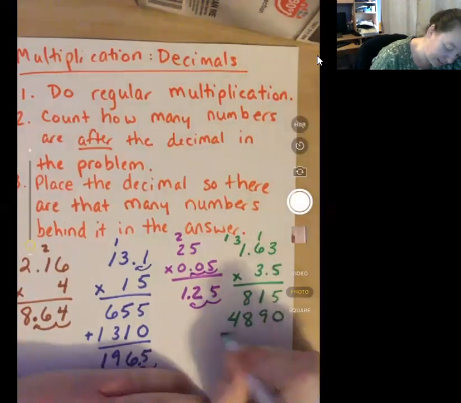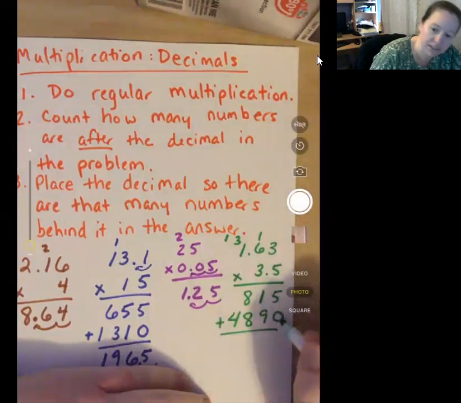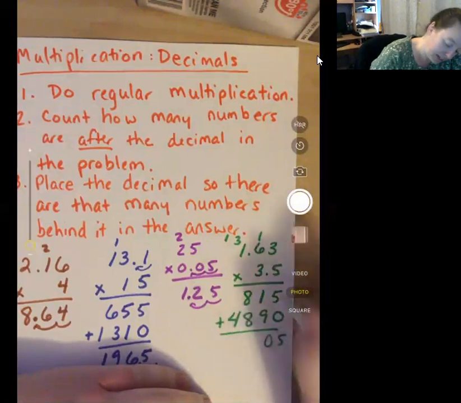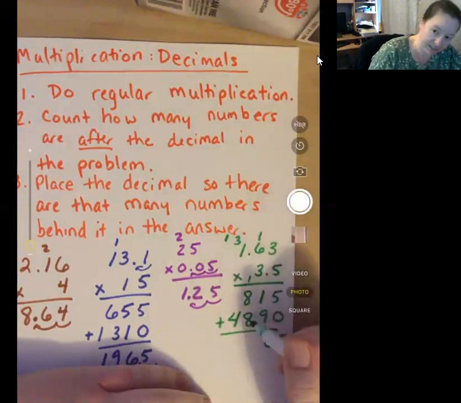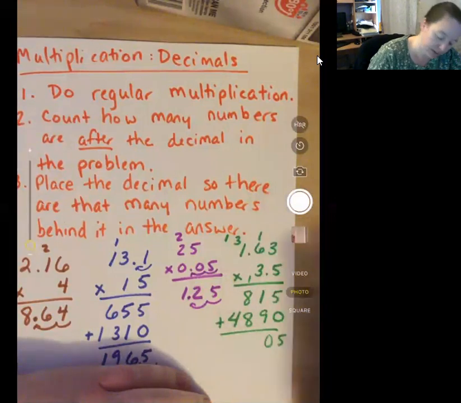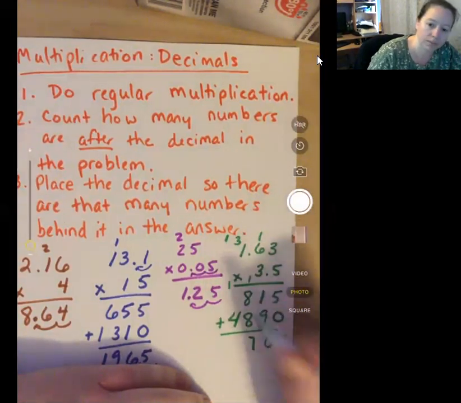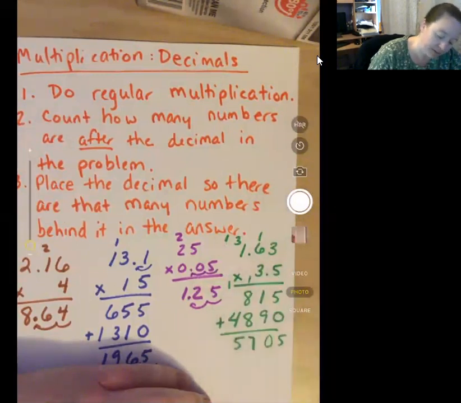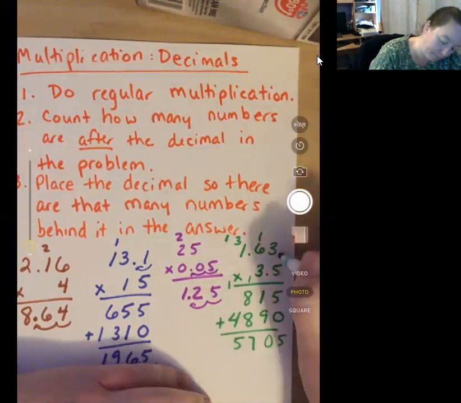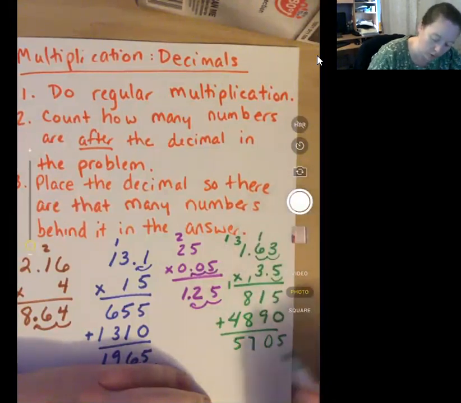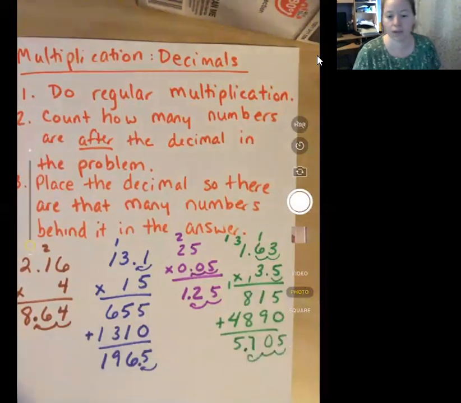So now we need to add these together. 5 plus 0 is 5. 1 plus 9 is 10. 8 plus 8 is 16. Plus 1, 17. 1 plus 4 is 5. And now come up here. 1, 2, 3. 1, 2, 3. So I end up with 5 and 705 thousandths.